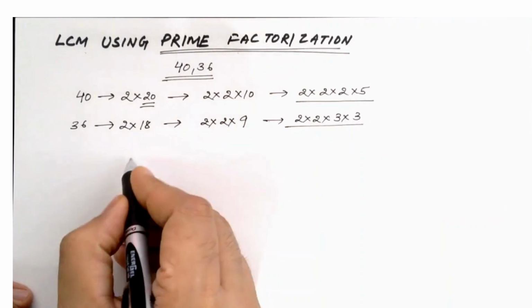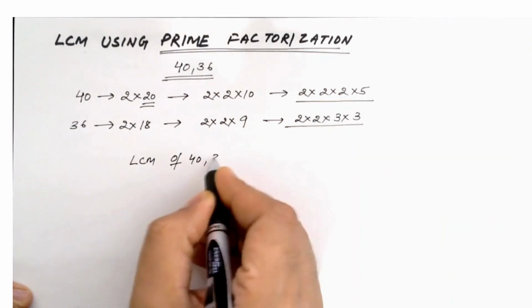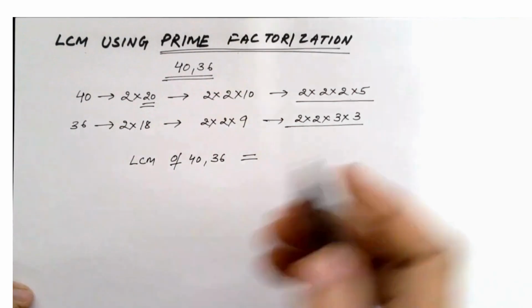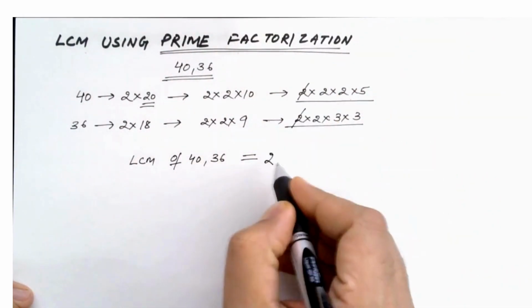Now what is the LCM of 40 and 36? To find the LCM, we want to include all the prime factors of 40 and 36. We have 2 common, we write 2.